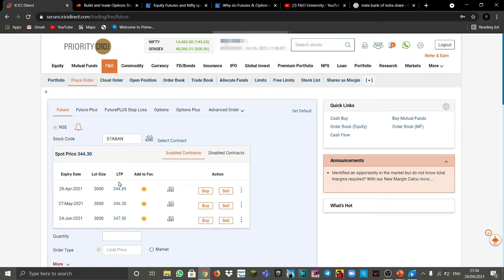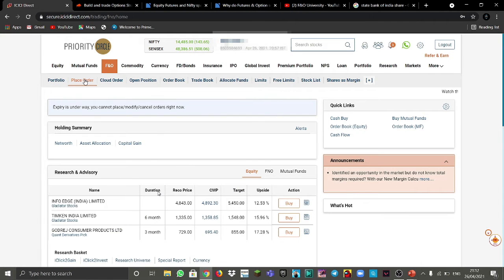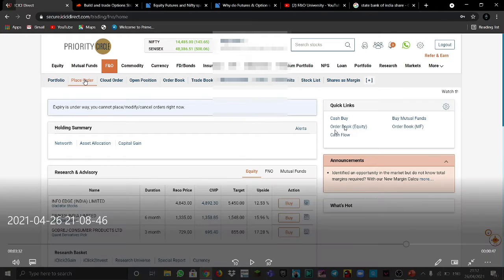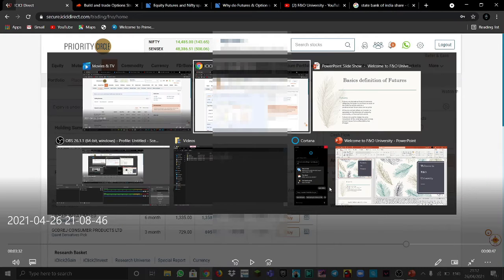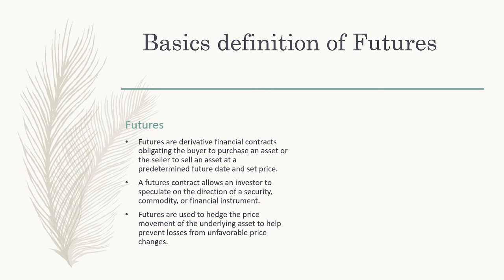But it's not that easy. Just by looking at the future contract, you cannot decide whether you want to be a buyer or a seller. There are lots of other permutations and combinations that go into this.